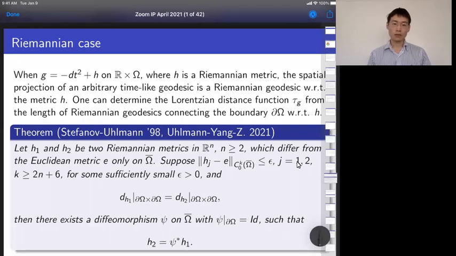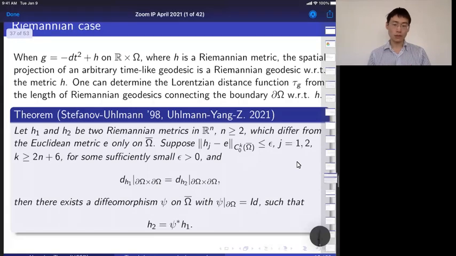So in that case, our results can be reduced, as a corollary, to the Riemannian case by some modification of the argument. Basically we get exactly the theorem proved before by Stefanov and Uhlmann.